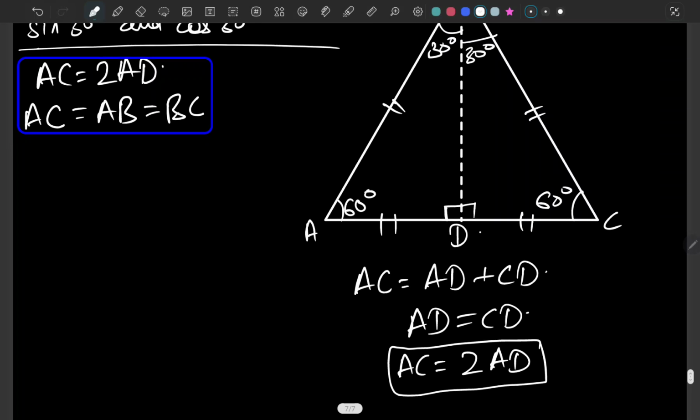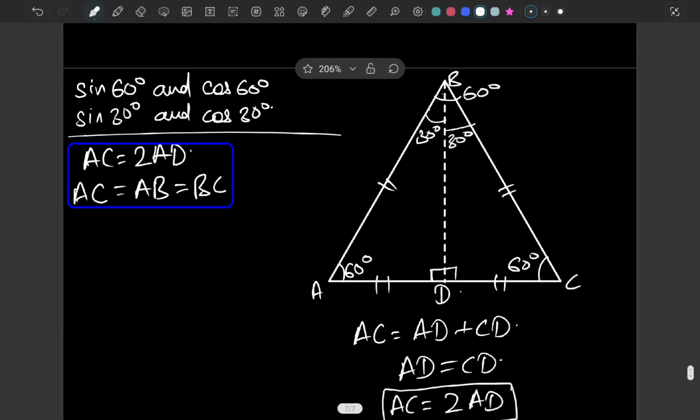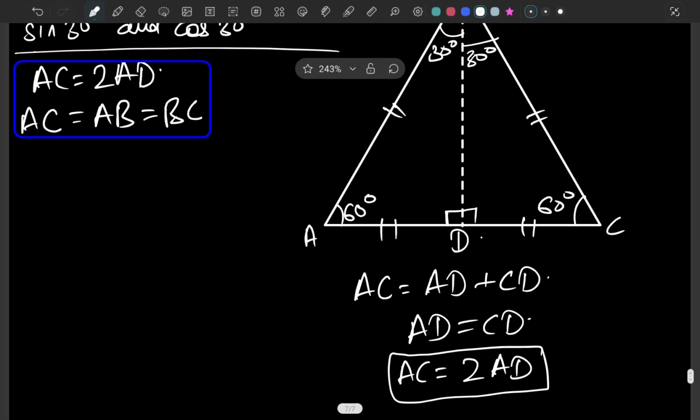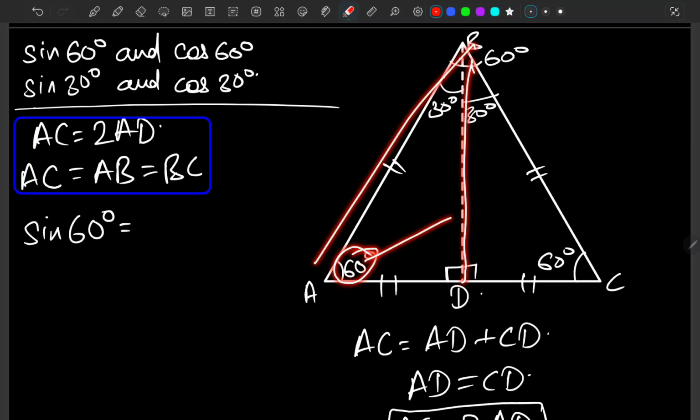Okay, so now let's take a look at the triangle. If we consider sine of 60 degrees, we know that the side exactly in front of this angle, that means this one, over the hypotenuse, right?